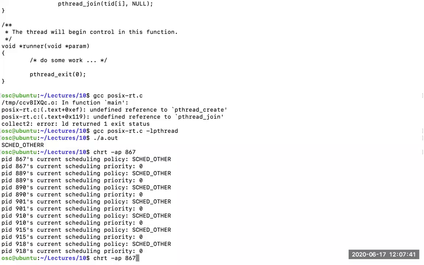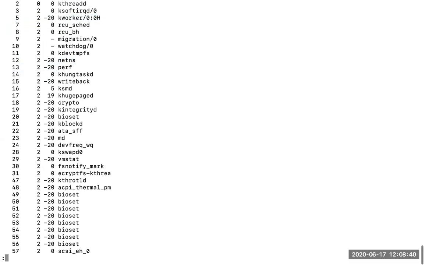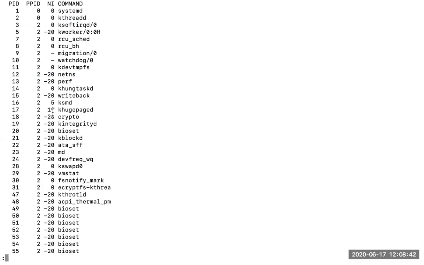We discussed nice value. We can see the currently running commands and their nice values here. The nice value for this is 0, and this is -20. All the processes at -20 have a higher priority than other processes like this one.